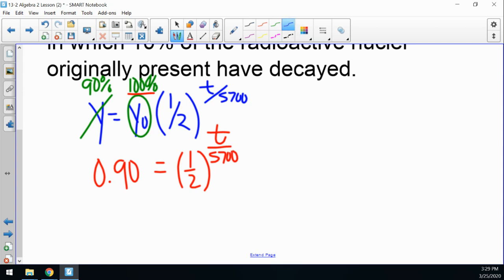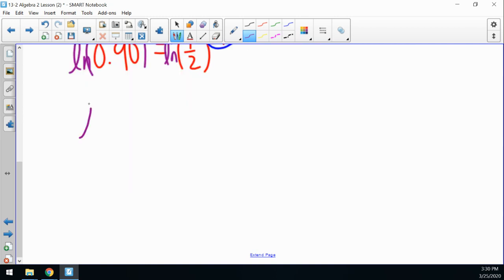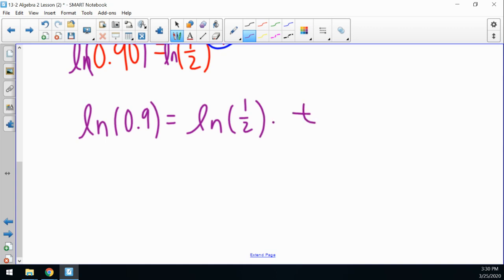So the way we drop down a power, again, is natural logs. So we're going to take the natural log of both sides. And then I end up getting this. The natural log of 0.9 is equal to the natural log of 1/2 times T over 5,700. Now, if it was me solving for T, I'd first take care of the 5,700.